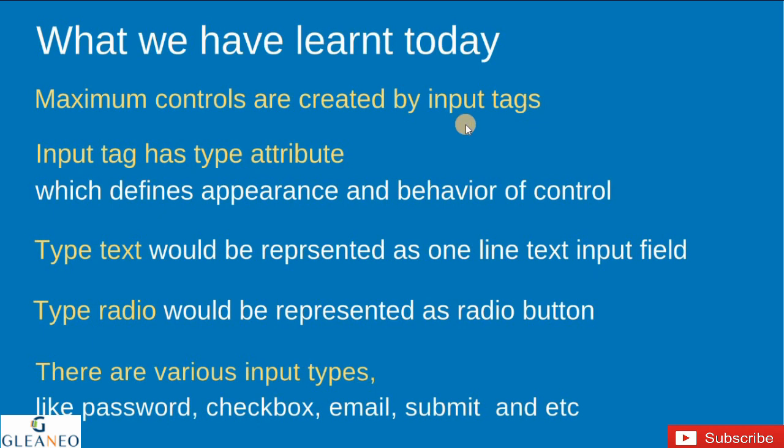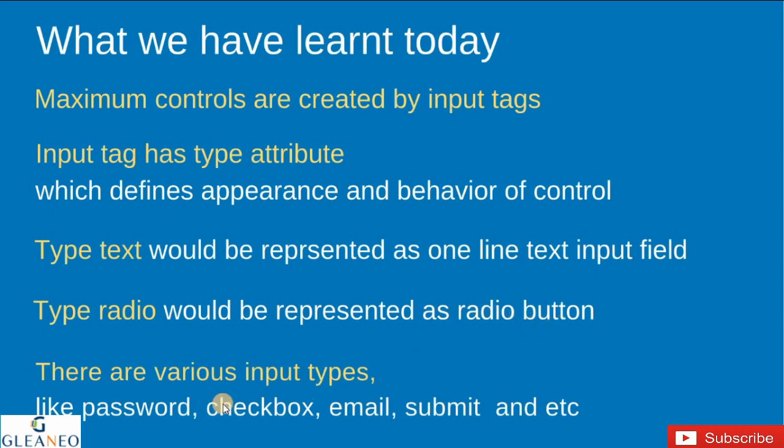In our example, the input tag has a very important attribute, the type attribute, which defines the appearance and the behavior of the form control. When we say type text, it means it would be represented as a one-line text input field. When we say type radio, it would be represented as a radio button.